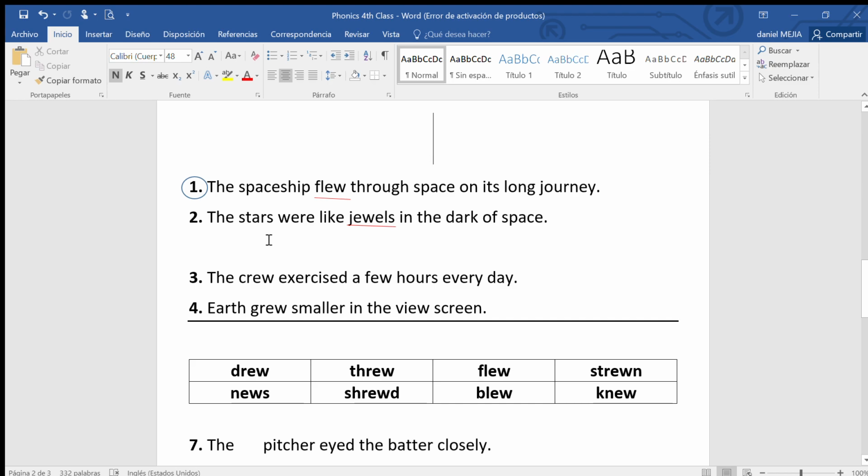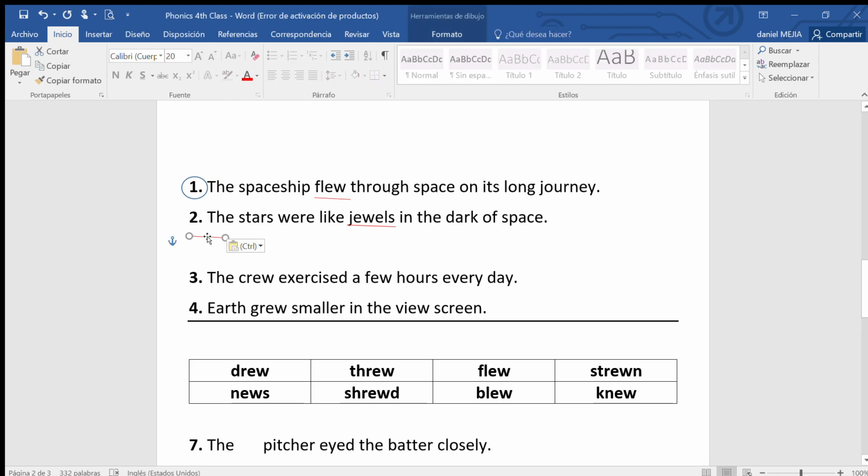Sentence 3 and 4. The crew exercised a few hours every day. Do we have words with EW? Yes, right?